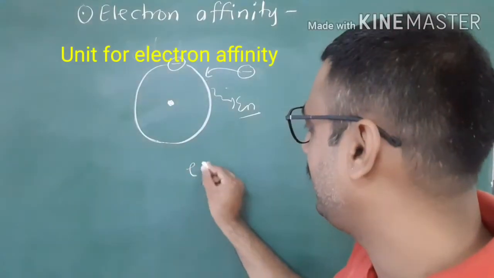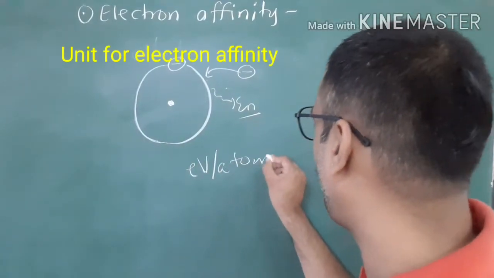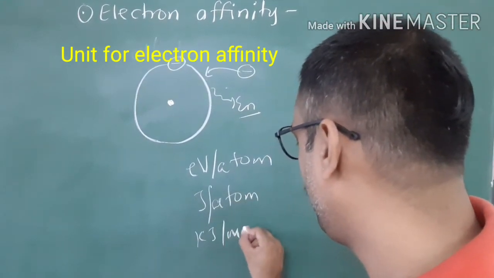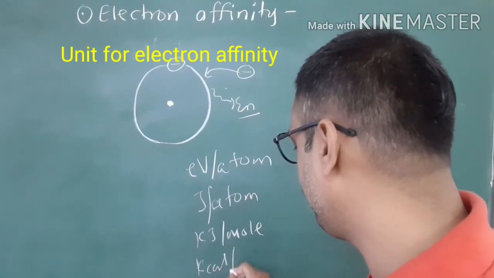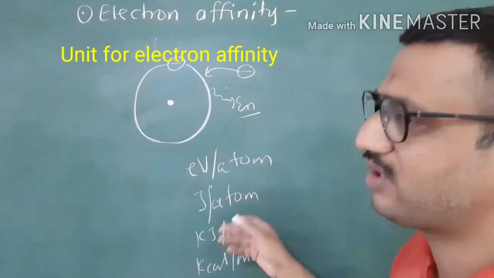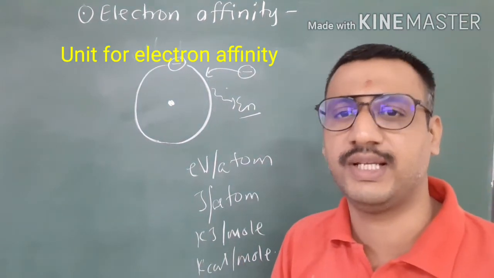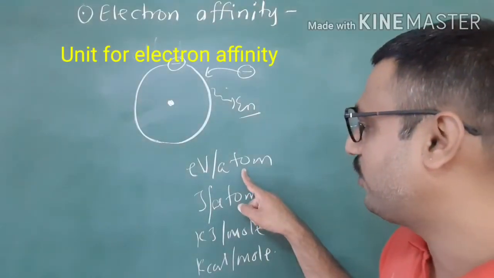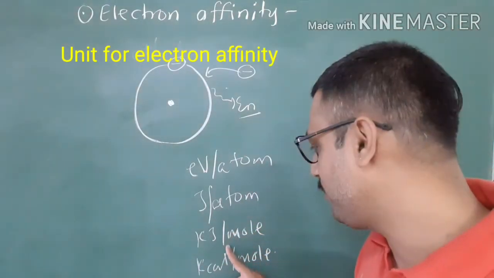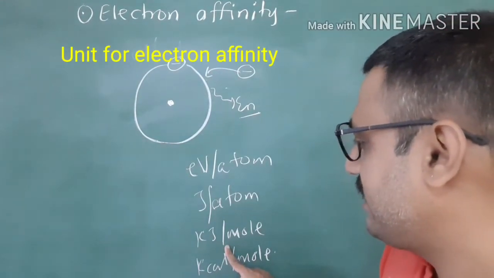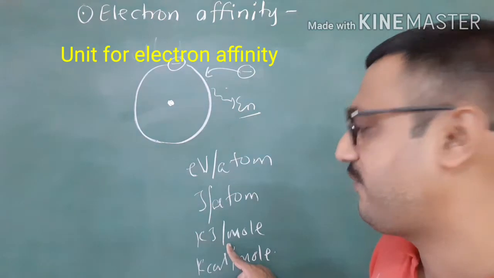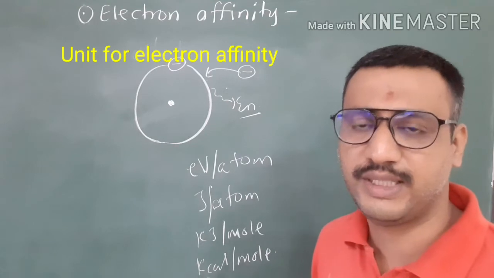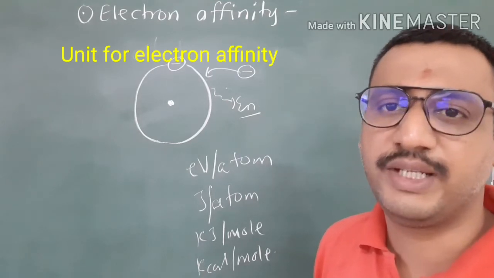We know that electron volt per atom, joule per atom, kilojoule per mole, or kilocalorie per mole are the units used for electron affinity, and previously, for ionization enthalpy, the same units were used. We also know the relation: 1 electron volt per atom is equal to 96.45 kilojoule per mole, which is equal to 23.06 kilocalorie per mole. This is about the unit for electron affinity.